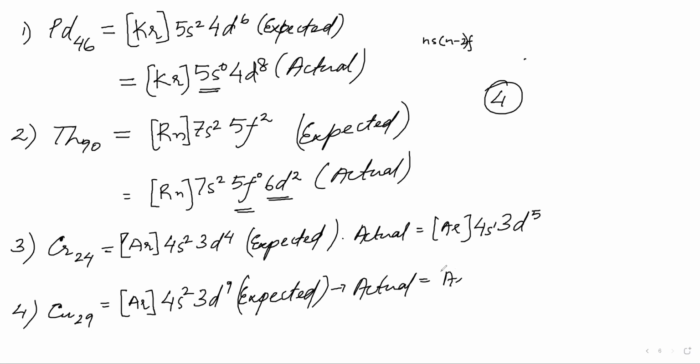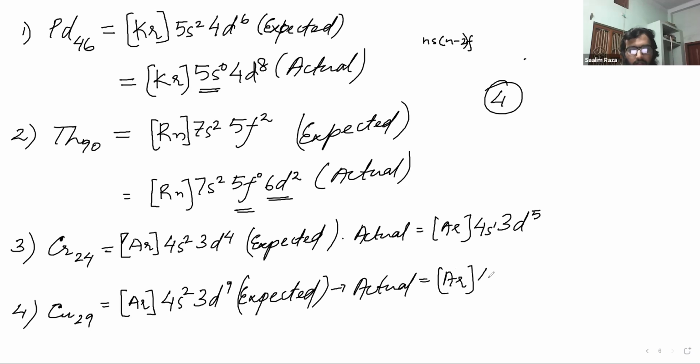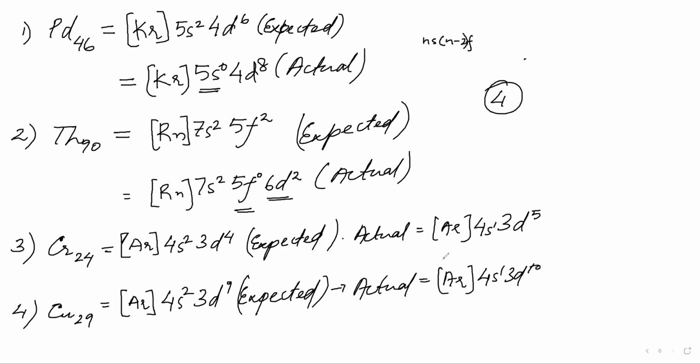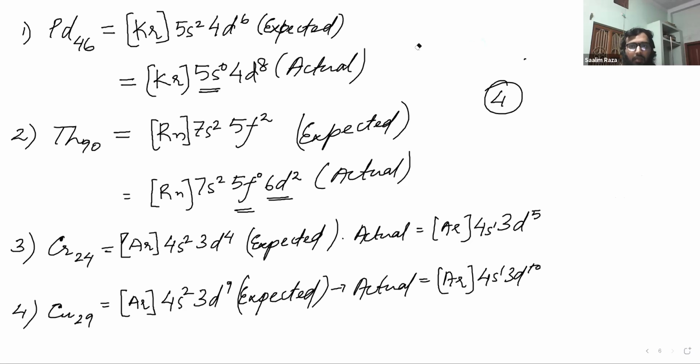Actual is Argon 4s1 3d10. What happens when we have the p subshell? It remains untouched. There is no exception in the p block elements.